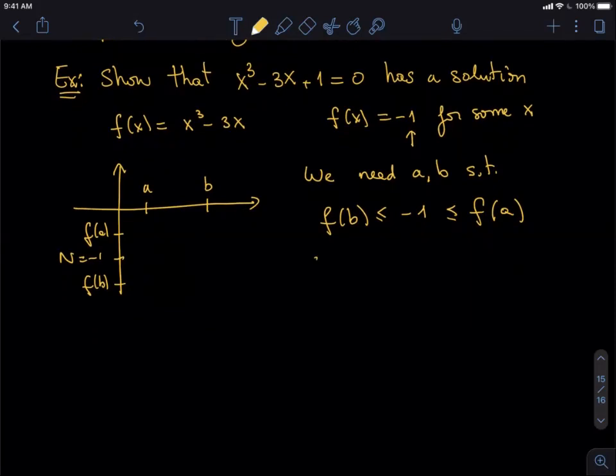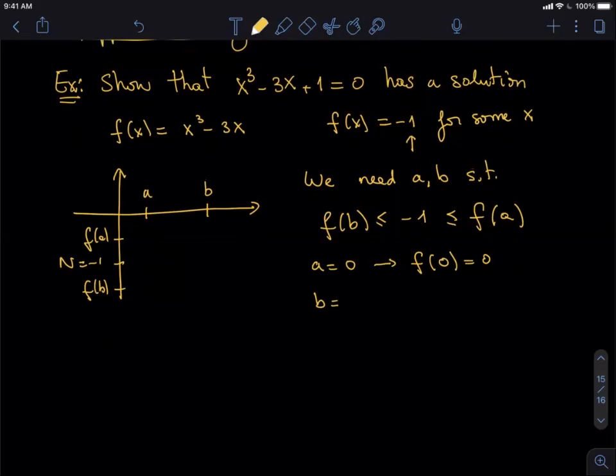We always start with the easy ones. So we can take A equals 0 and see that f of 0 is going to be 0 minus 0, so 0. 0 will work for A because it's bigger than -1. And for B, let's say 1.